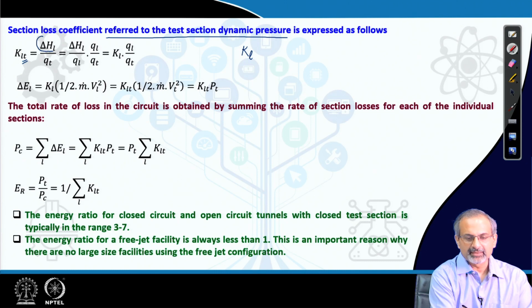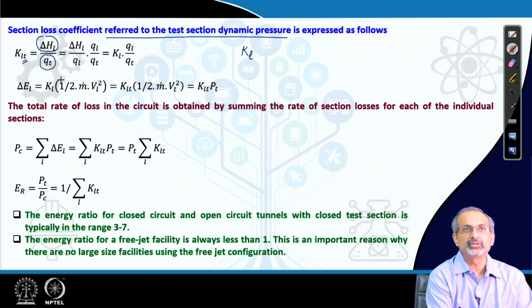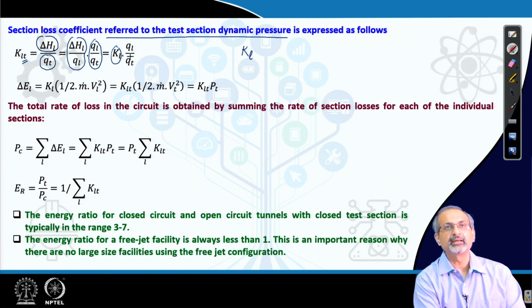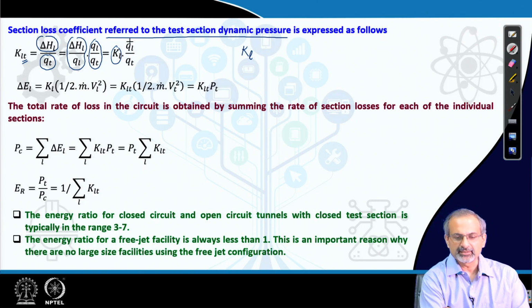We use the same stagnation pressure loss for the L component, but now divide it or scale it with QT, that means the dynamic pressure in the test section, which you can express as delta HL by QL into QL by QT, and that delta H by QL is nothing but KL. So, KLT, that means the delta HL scaled with QT is nothing but KL into QL by QT.